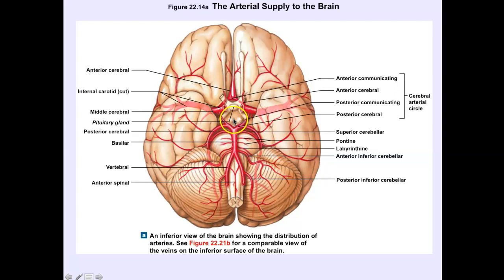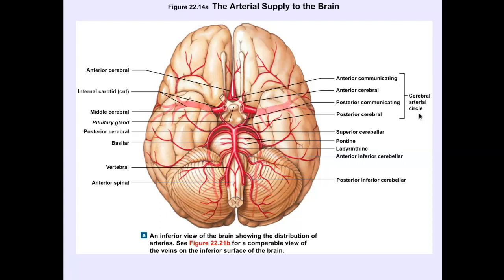There's your pituitary gland, right? The optic chiasm is right there, your optic tracts. So this circle of blood vessels is called the cerebral arterial circle, or also called the Circle of Willis. I kind of like Circle of Willis, but it's also known as cerebral arterial circle.